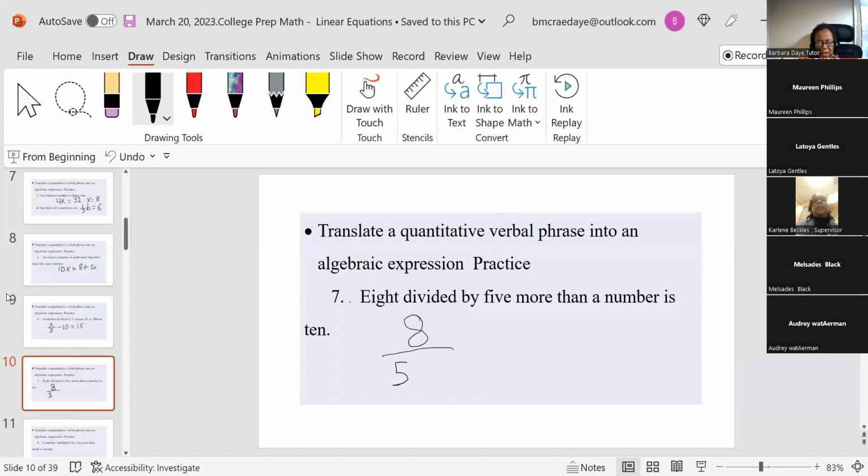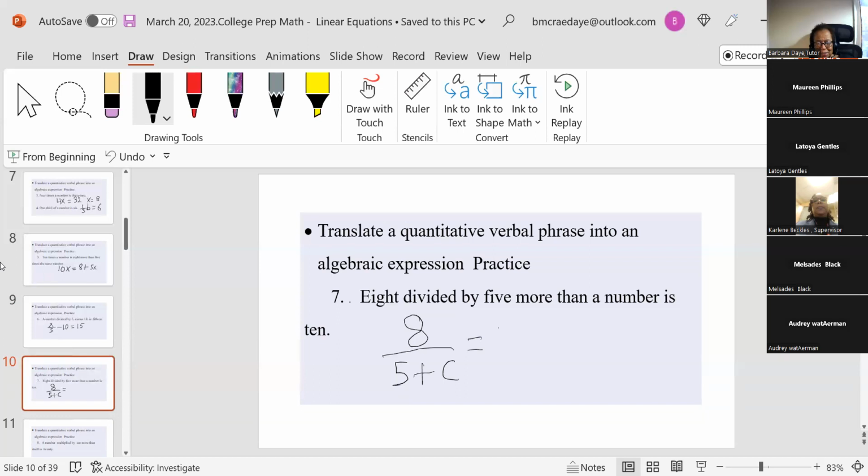So what goes under the 8? Plus. And the number, what are you calling it? C. Okay, 5 plus C equals 10.